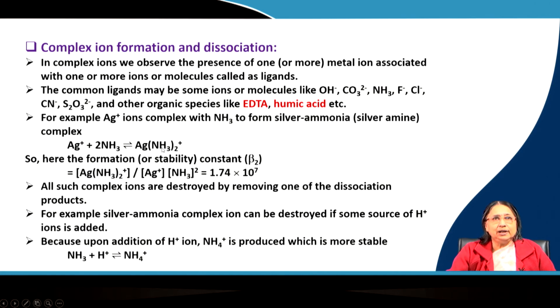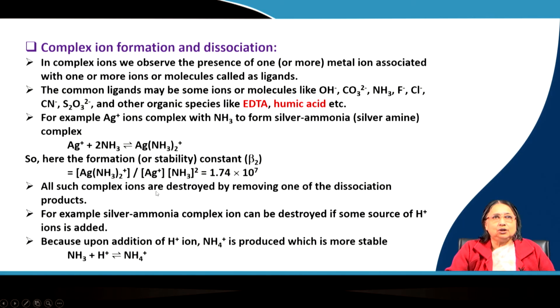If I want to make this reaction go backward, then some product has to be removed. How can you remove it? If you want to remove the ammonia that is produced, you put in some acid. In presence of acid, this ammonia will form the ammonium ion, which is very stable, and then it will go into solution, and slowly the reaction will go in the backward direction.